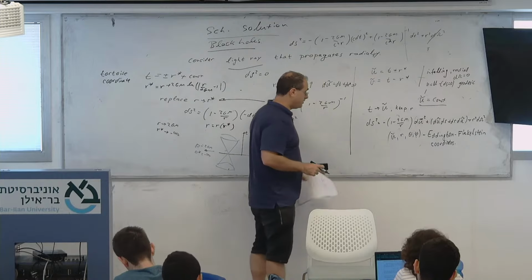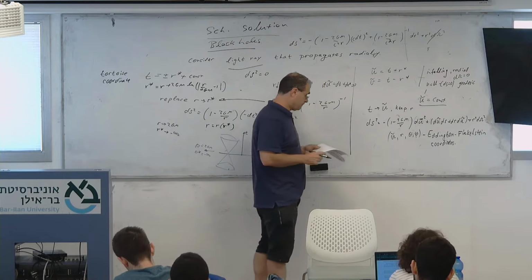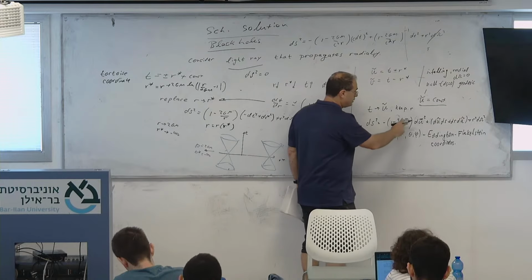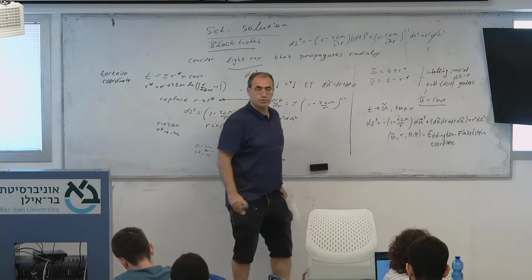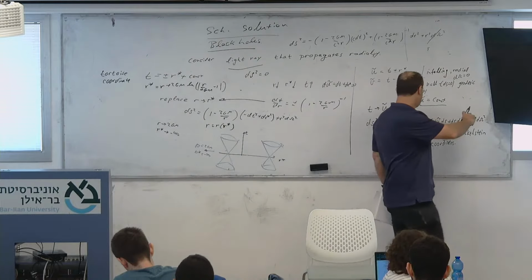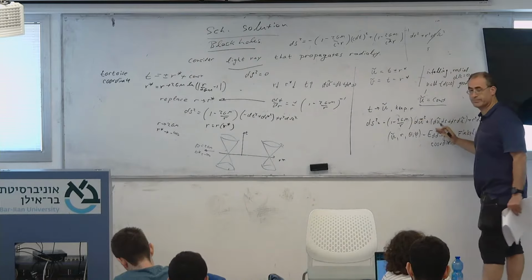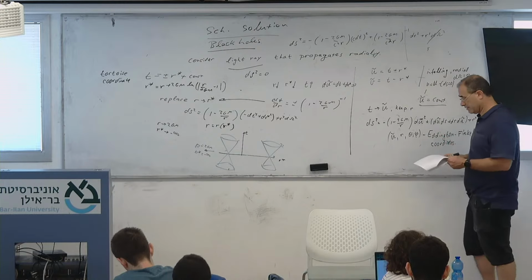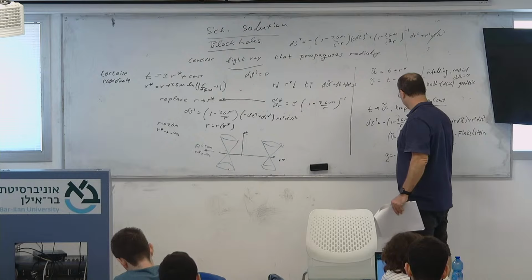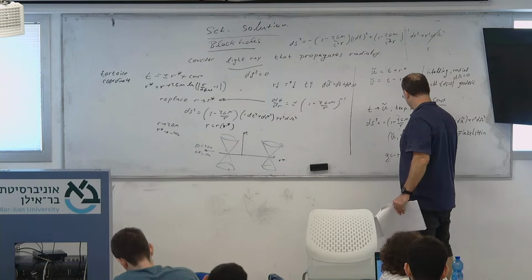Now you'll see that although g u tilde u tilde is equal to 0 when r is equal to 2GM, the determinant of the metric is always negative, minus r to the 4 sine squared theta.